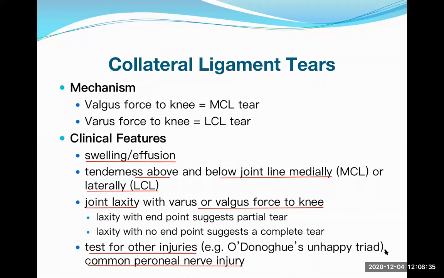Exactly, on the lateral side. So whenever there is a lateral collateral ligament tear or fibular collateral ligament tear, there is a chance of common peroneal nerve injury because it is encircling the neck of the fibula. So that's a common type of injury in this situation.